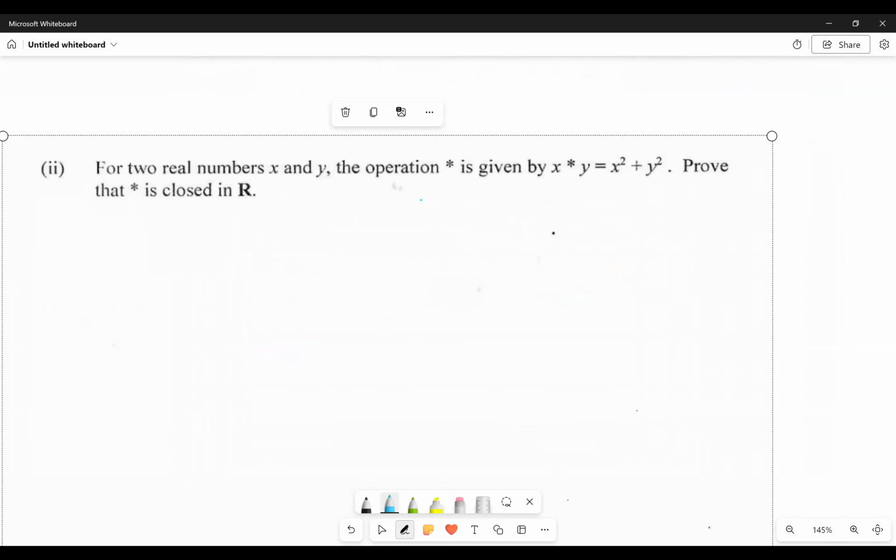So closed in R, first things first is, what does closed mean? Well, in binary operators, closed refers to closure. Closure means that if I put a real number as X and Y, my answer has to 100% be a real number back. I cannot enter a real number and get an imaginary number out of it.